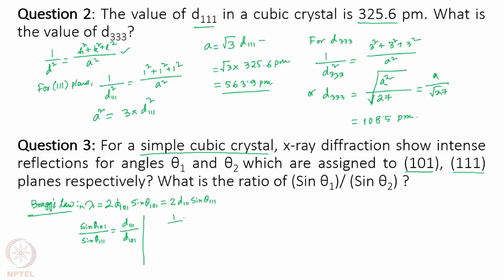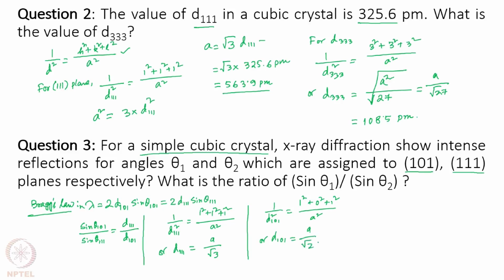We write again 1 by d111 square is equal to 1 square plus 1 square plus 1 square divided by a square, or d111 is nothing but a by root 3, and similarly 1 by d101 square is equal to 1 square plus 0 square plus 1 square by a square, or d101 is nothing but a by root 2.